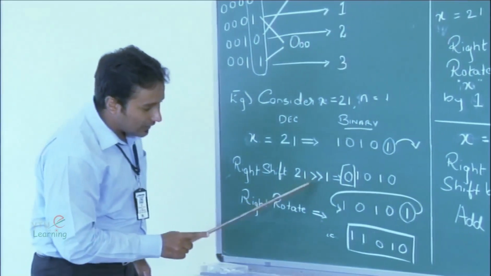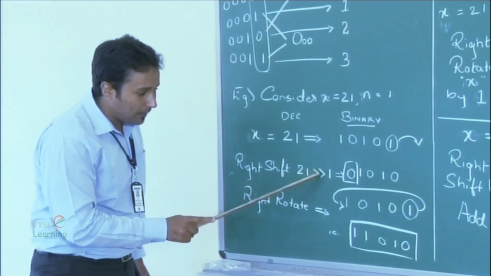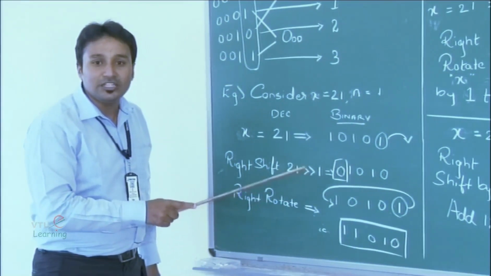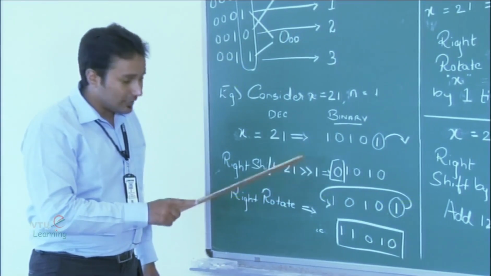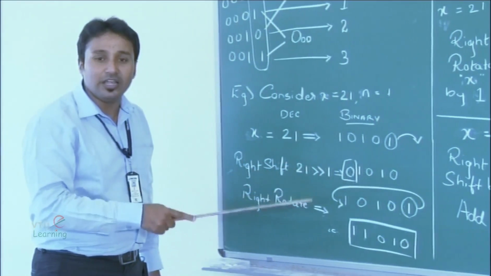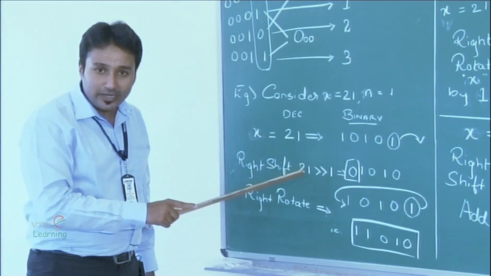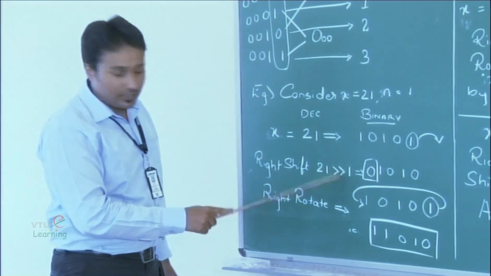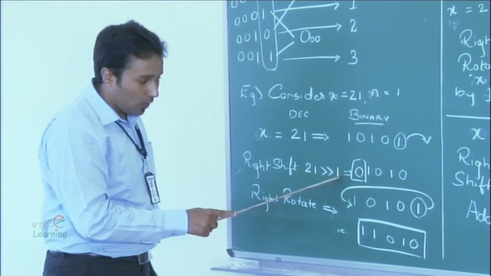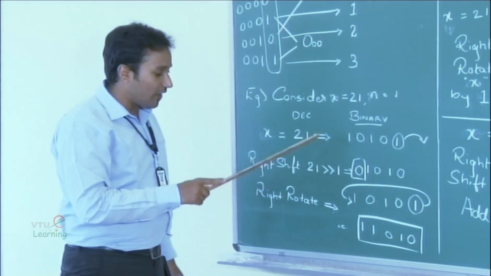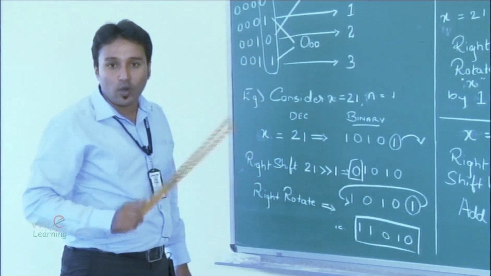Here we can carefully observe that double greater than is the operator used for shifting. Double greater than is for right shifting, double less than is for left shifting. Since we are considering right shifting, we will use double greater than. 21 double greater than 1 indicates that we are shifting the value of 21 by 1 bit.